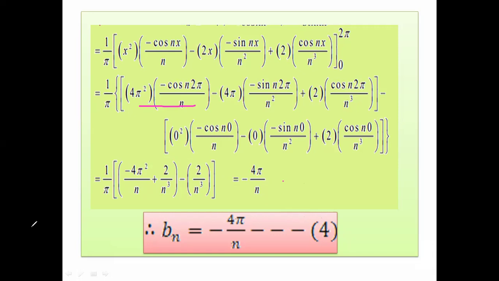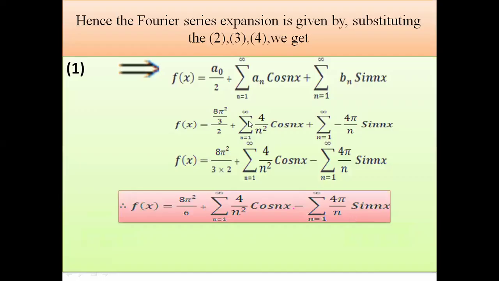After finding this, you have to substitute a naught, a n, b n values from equations 2, 3, 4 into equation 1. You know the formula: f of x is equal to a naught by 2 plus summation n is equal to 1 to infinity a n cos nx plus summation n is equal to 1 to infinity b n sin nx.